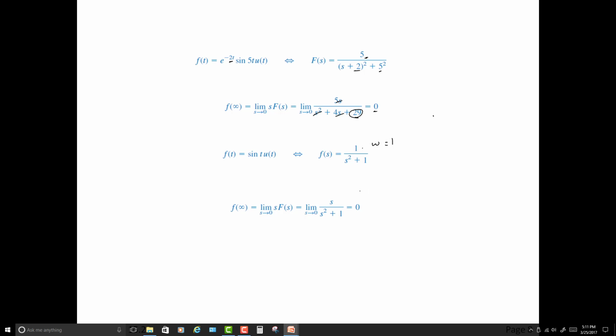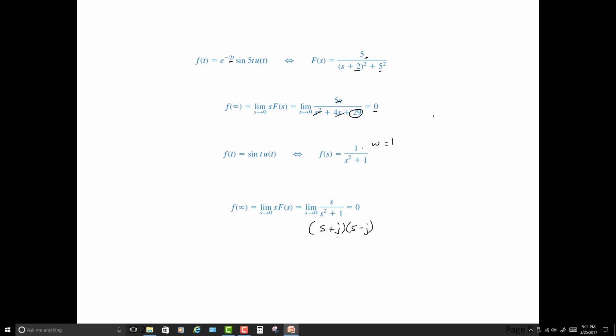But it is important to note that this is in violation of the rule for applying the final value theorem, because if I solve for the roots here, what have I got? s plus j times s minus j. So I've got two roots, and they are not in the left-hand plane.